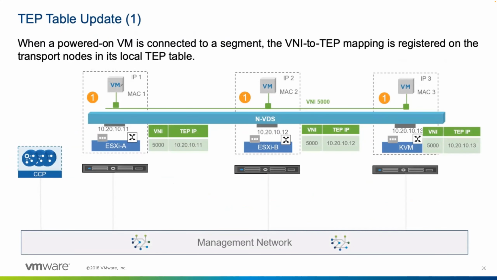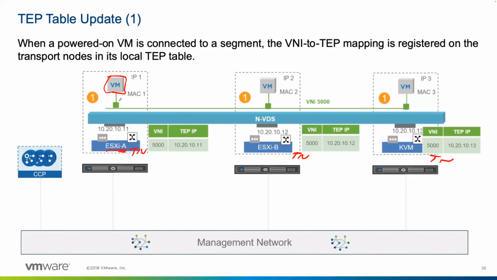For example, let's say a new VM is powered on on ESXi-A, which is a transport node. We talked about that; we have three TNs here.